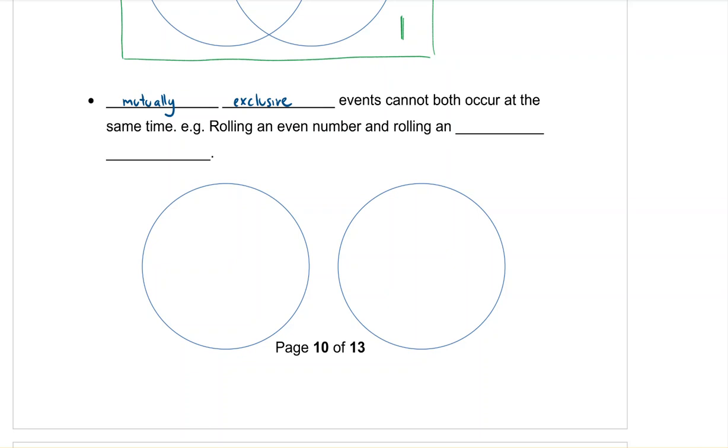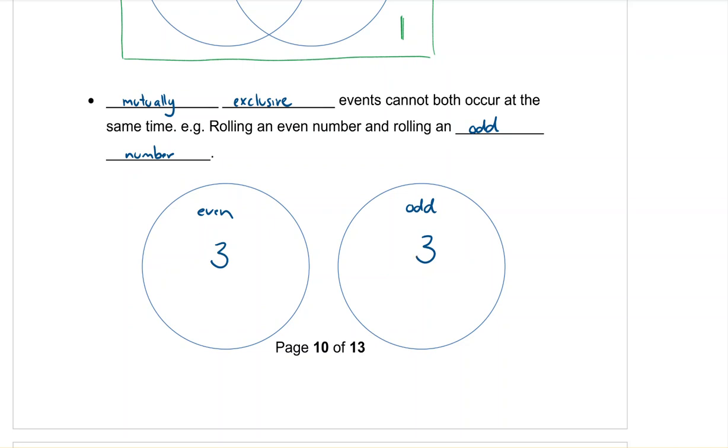So it says, for example, rolling an even number and rolling an odd number. There's no numbers that are both even and odd, are there? So they are mutually exclusive events. So rolling an odd number is what we need to put in there. So if we put even numbers on this side and odd numbers on that side, there's 3 even numbers and there's 3 odd numbers.